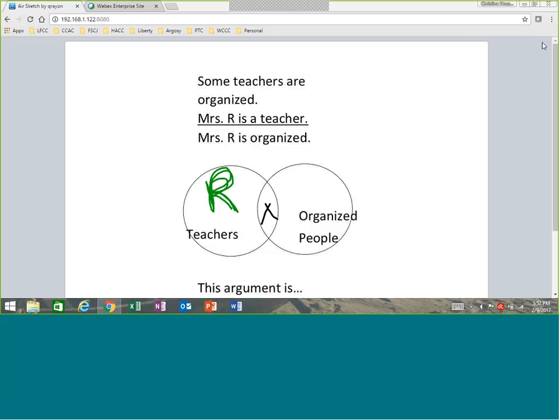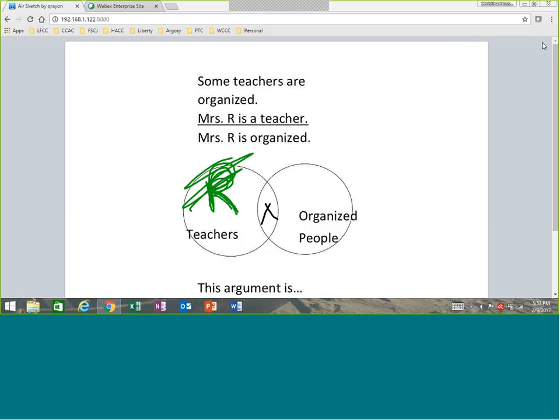Mrs. R doesn't have to be in the intersection of teacher and organized people. Mrs. R could be over here. So in that case, that's an invalid. And remember, it only takes one way that you draw this picture for it to be considered invalid. And this is the one way.